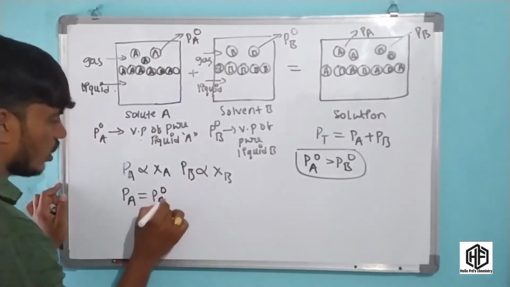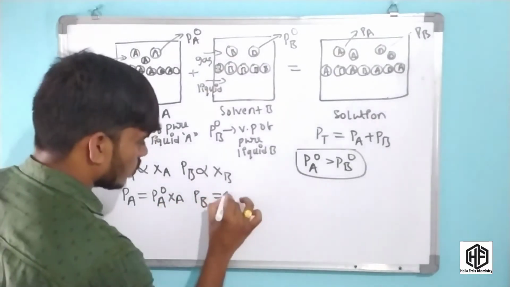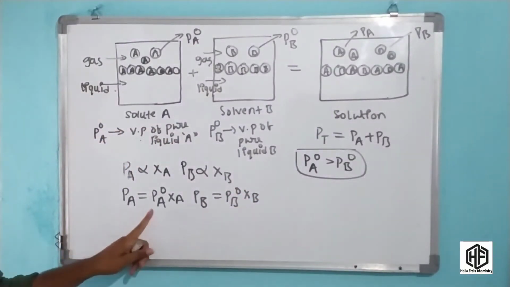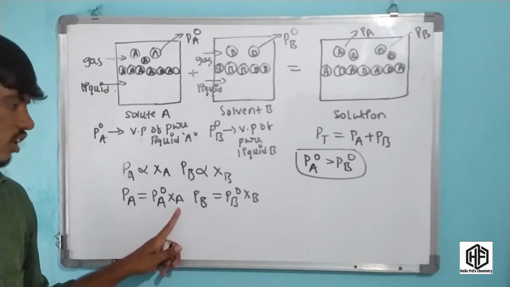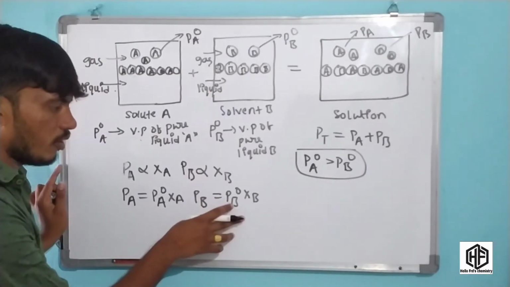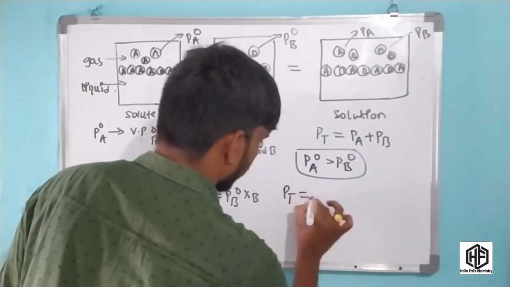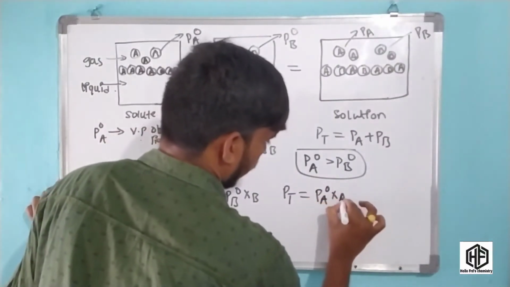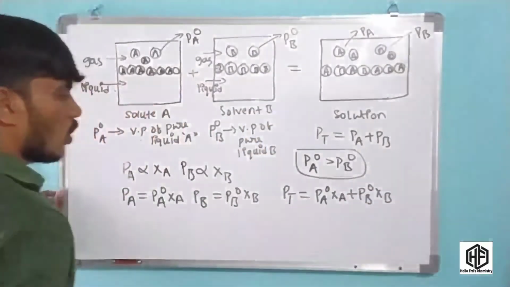That is, PA is equal to PA naught into zeta A, and PB is equal to PB naught into zeta B. The partial pressure of A is equal to the vapor pressure of pure liquid A into the mole fraction of A, and the partial pressure of B is equal to the pure vapor pressure of liquid B into the mole fraction of B. Now the total pressure PT is equal to PA naught zeta A plus PB naught zeta B. This is the total vapor pressure.